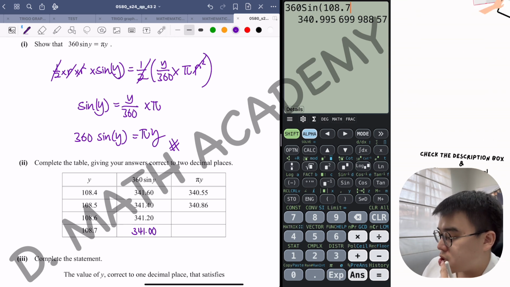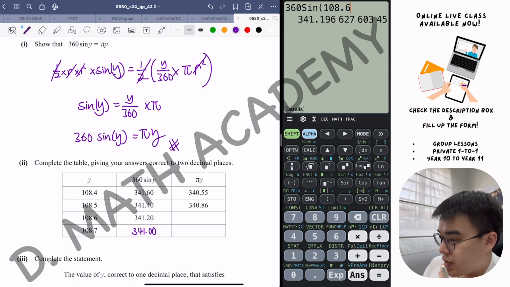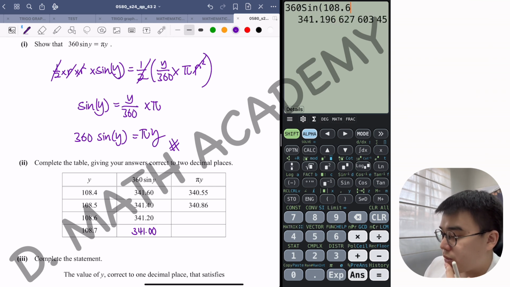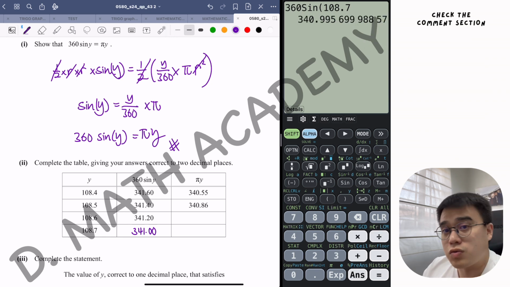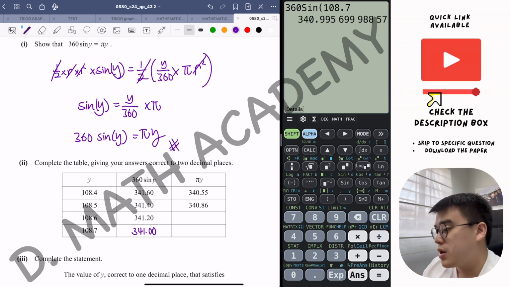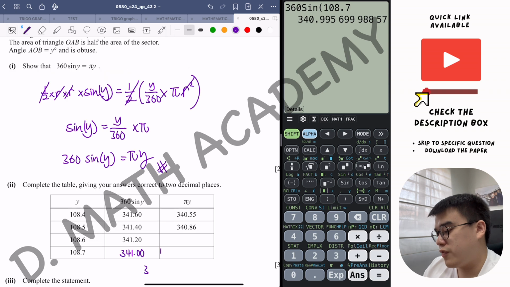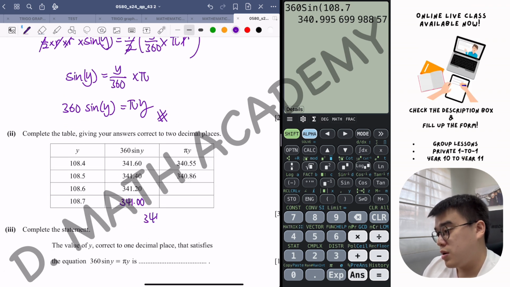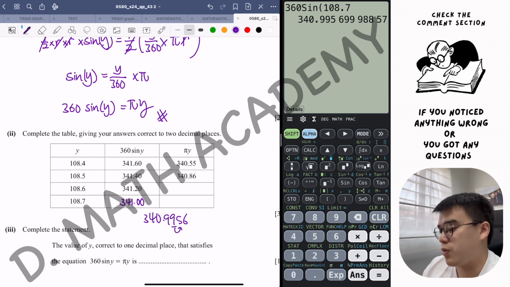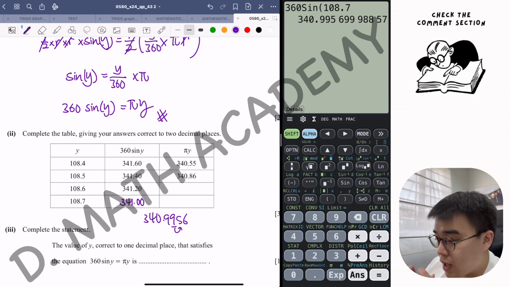Just for the sake of checking, you will get 341.20 for the previous one. Yes, correct. But as we proceed to 108.7, because it's 340.9956, it will be rounded to 341 lah.